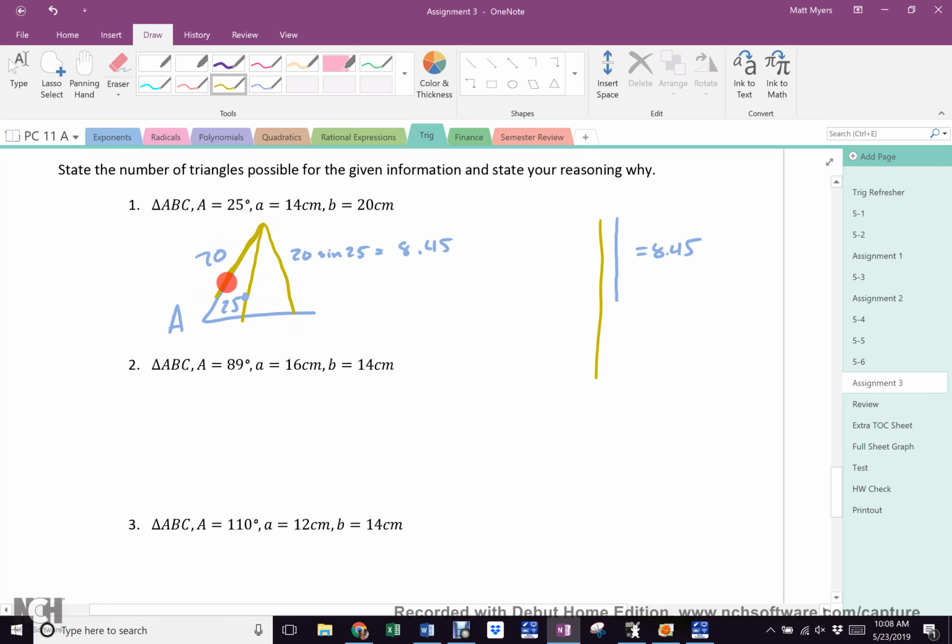So that creates one triangle or two triangles. Thank you, Avneet. Do you understand? Excellent. One triangle. Two triangles.